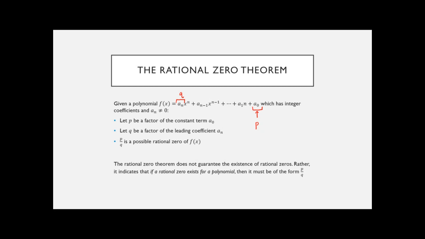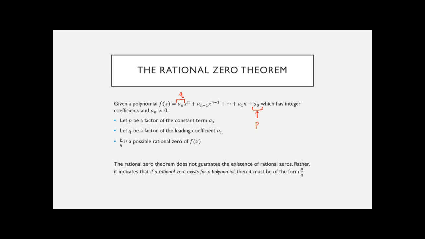And then your possible rational zeros. Rational means they can be written as a fraction, so P over Q. Those are possible rational zeros. You're going to write every combination of P over Q. You're going to have a list of P's, a list of Q's, and then every single possible combination of those written as a fraction gives you your possible rational zeros.